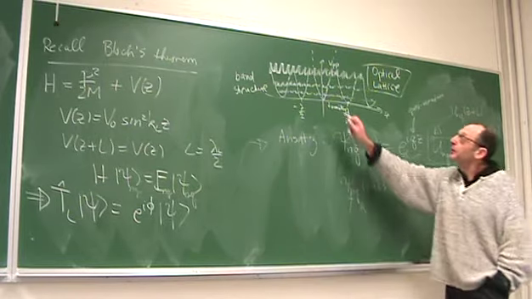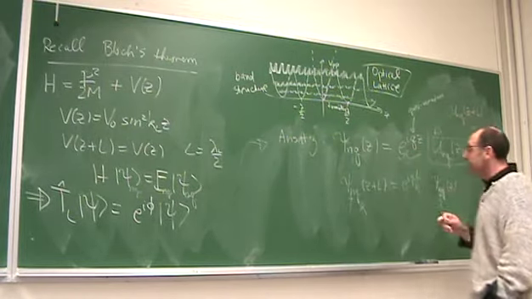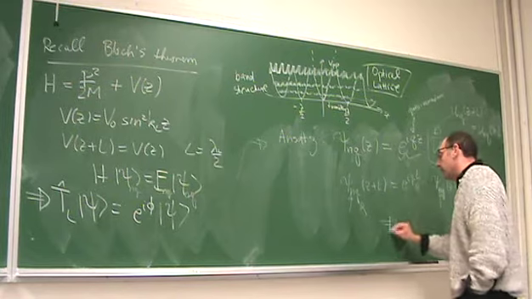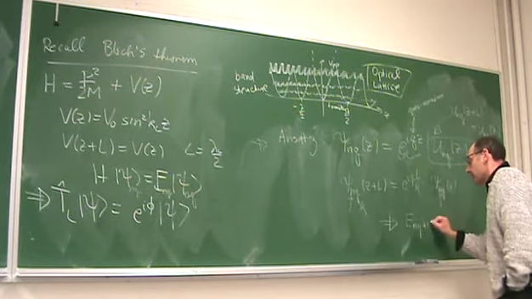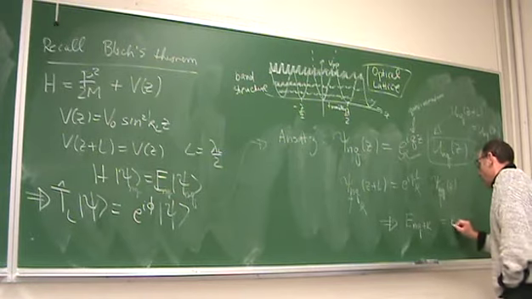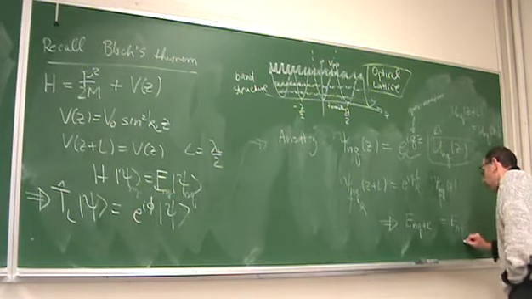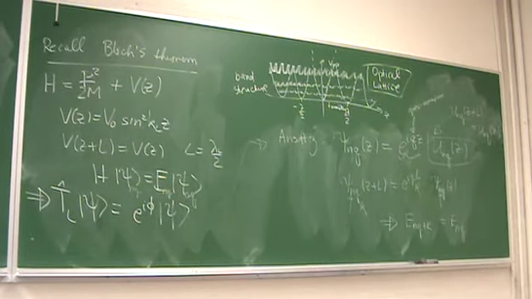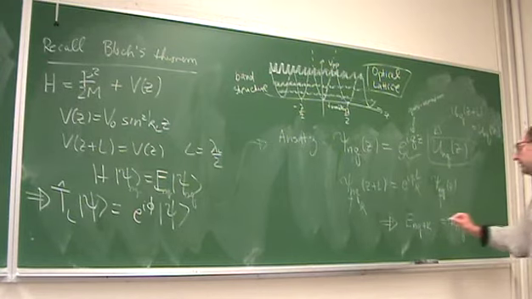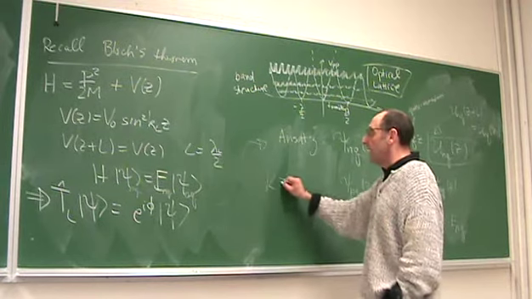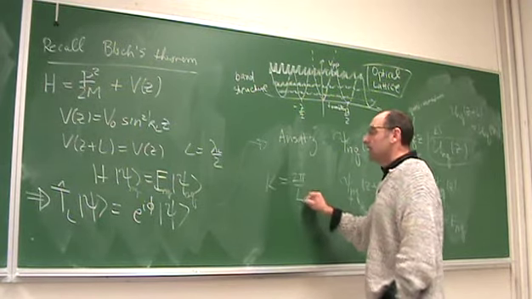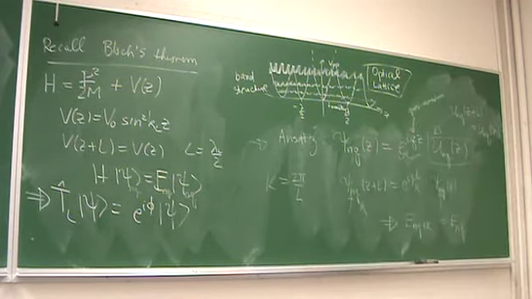And the periodicity of the lattice leads to the fact that the energy eigenvalues are periodic in Q with a period dependent on what's known as the reciprocal lattice, which is 2 pi over L, L being the period of the lattice.